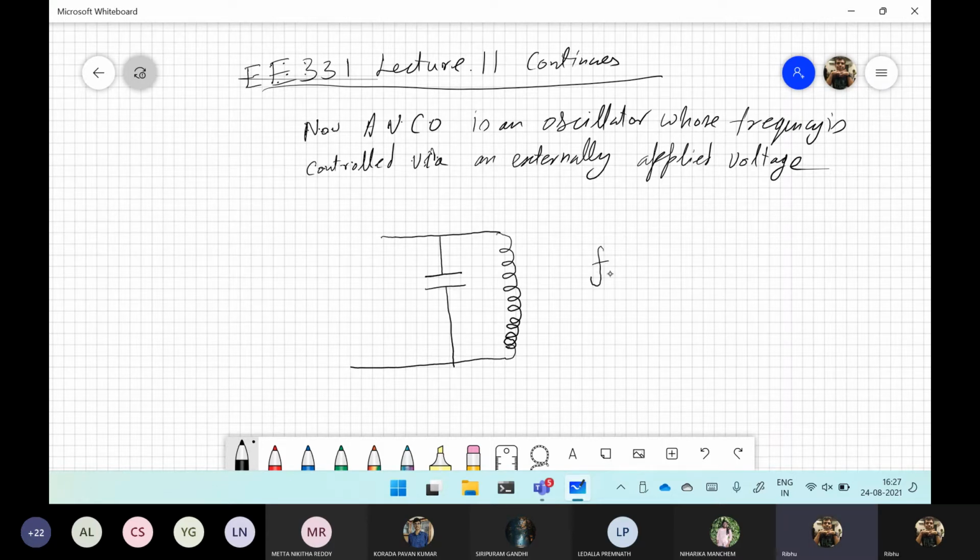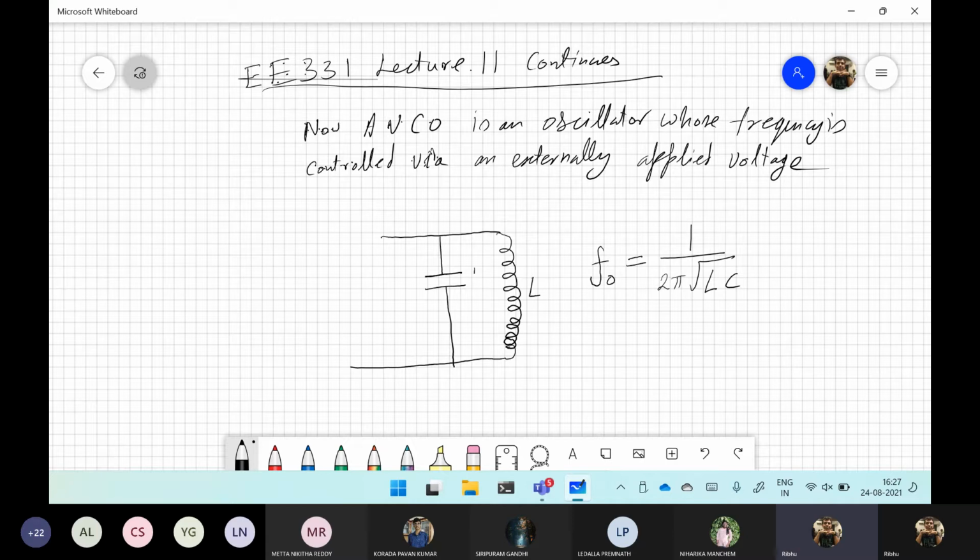This is an LC oscillator, right? This is an LC oscillator with an oscillation frequency 1 by 2 pi root LC hertz.